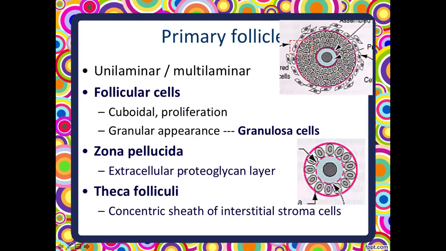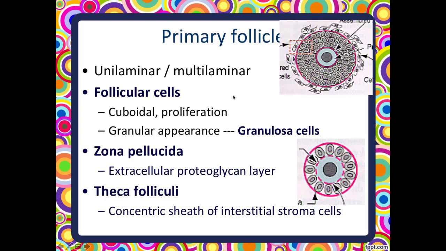This layer is called the zona pellucida, and it is a very important layer made by extracellular proteoglycans and proteins, and this is necessary for proper penetration of sperm within the oocyte and fertilization.